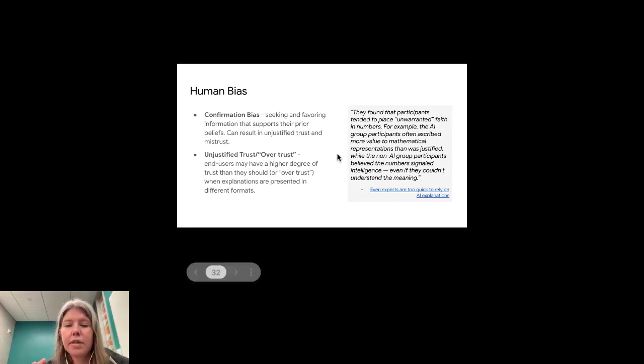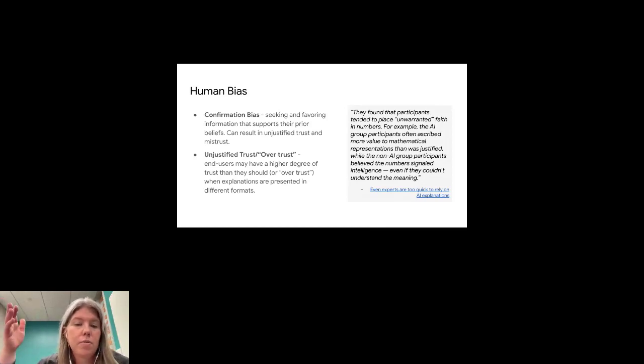And all of this can lead to unjustified trust or mistrust or overtrust. So you can have a higher degree of trust in a system than you should. You can also have unjustified mistrust of a system, where you don't trust it as much even though it actually has good accuracy or reliability.